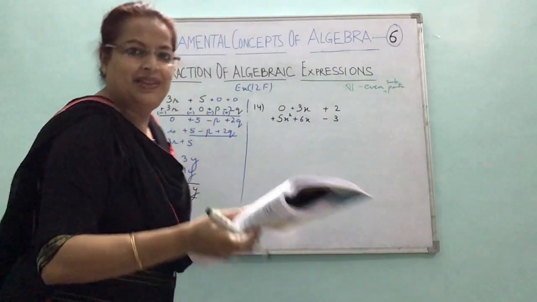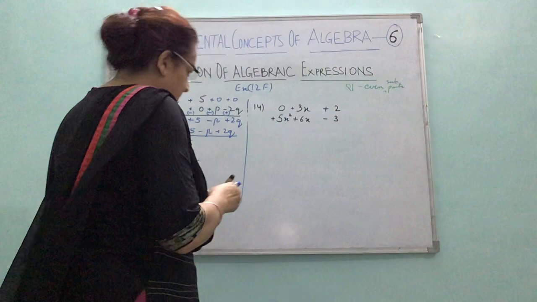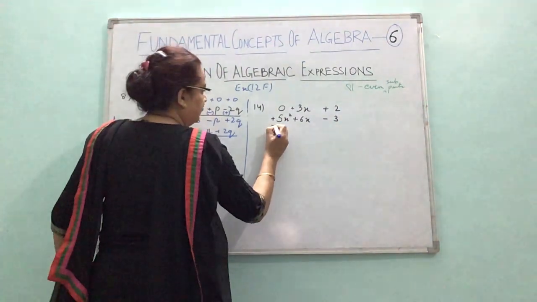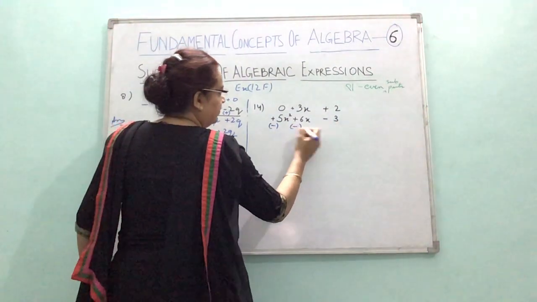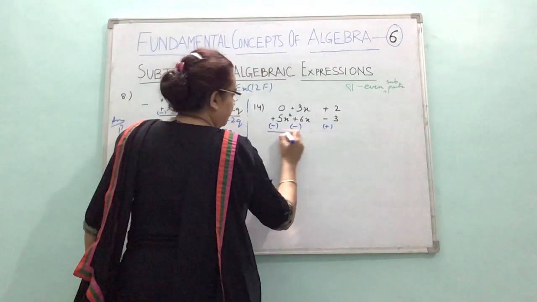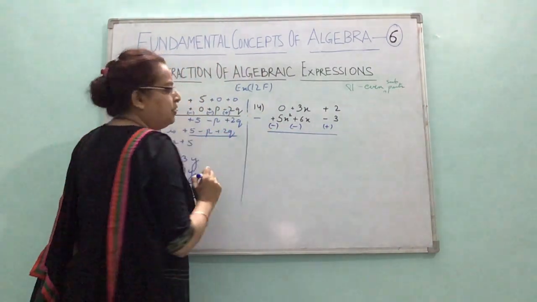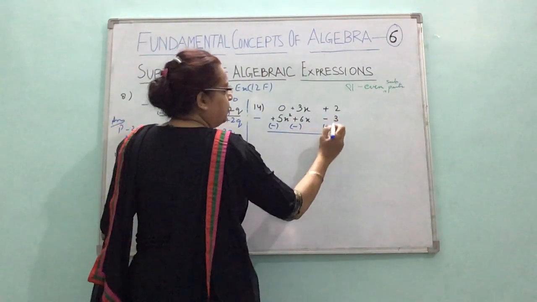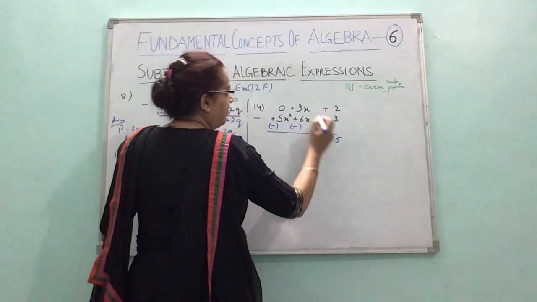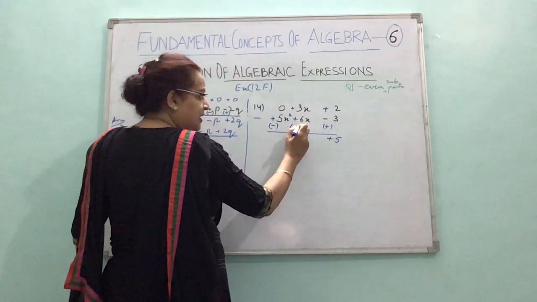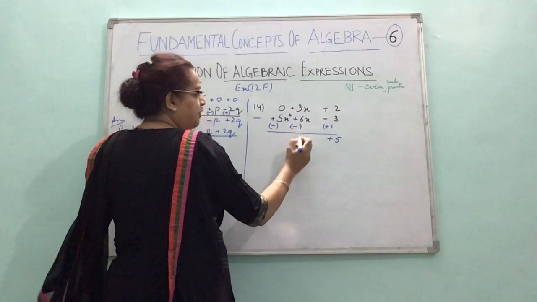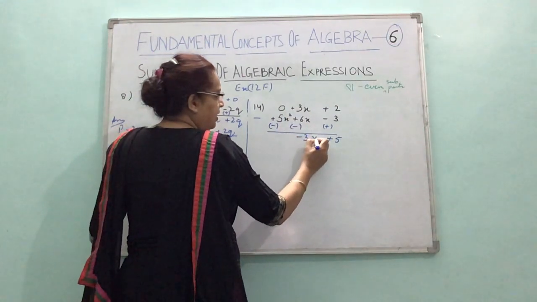And now what? Change the sign. We are subtracting the two expressions. Plus 2, plus 3, plus 5. Plus 3, minus 6, opposite sign always subtract with the sign of greater.